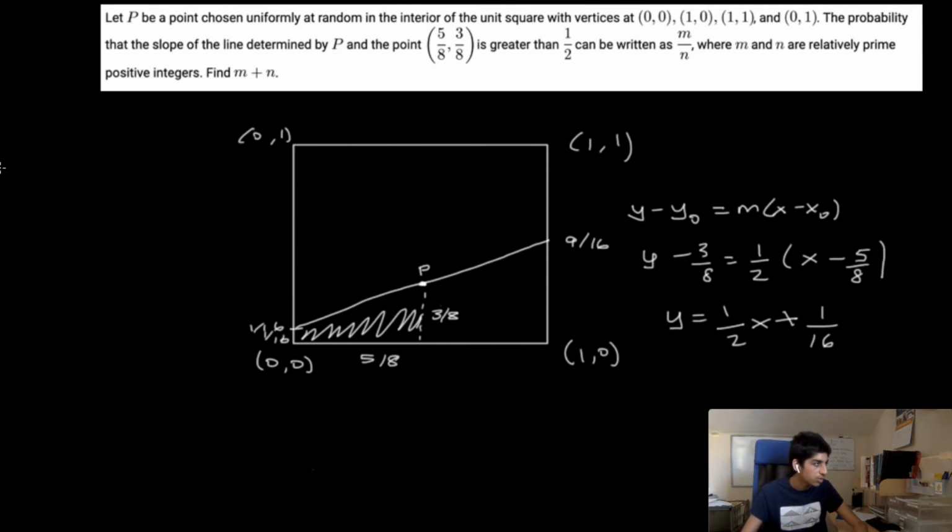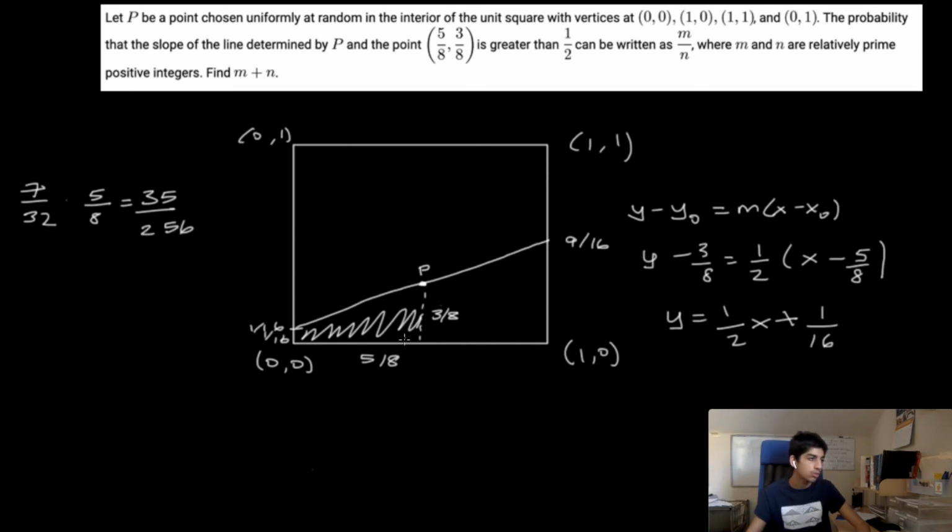So we have the sum of the bases, which is 1/16 plus 3/8, which is 7/16, and we divide that by 2, which would just be 7/32 times 5/8, which is 35 over 256.